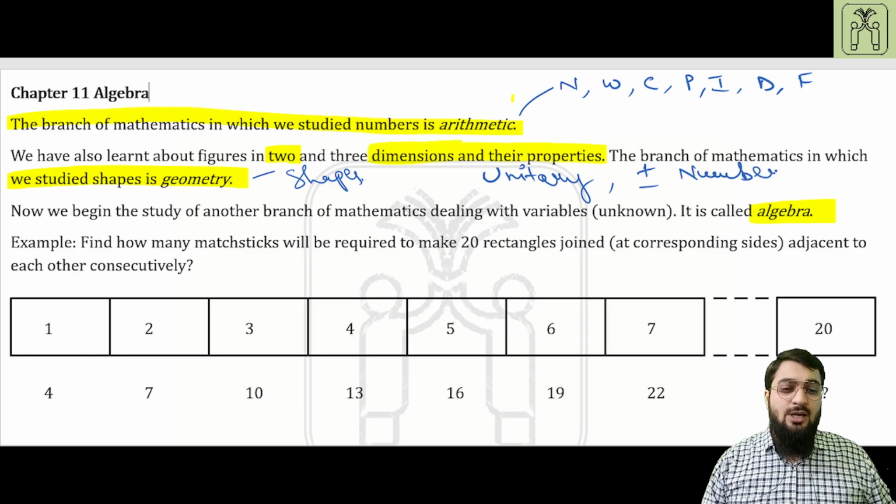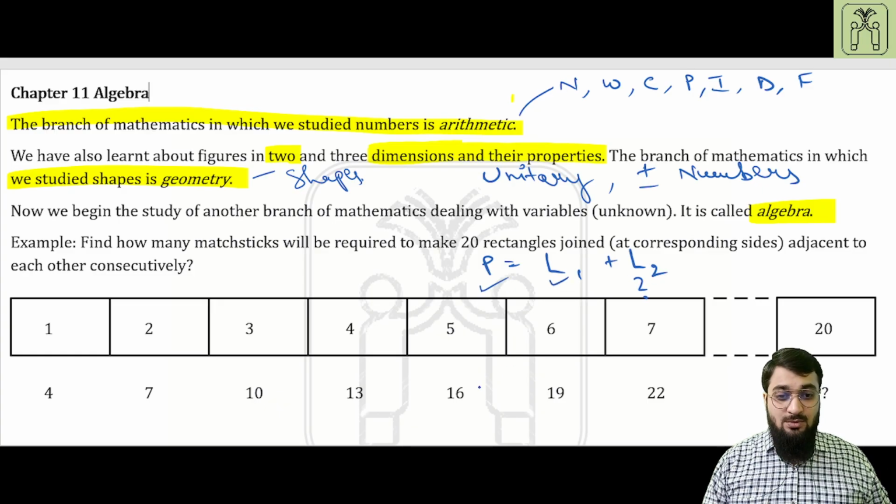There also I made you aware of concepts of algebra. In the concepts where we have the perimeter, we have one length L1, and we have L2, and L2 is asked and L1 is given and perimeter is given. So how was L2 found out? We took L2 is equal to X and X is equal to P minus L1.